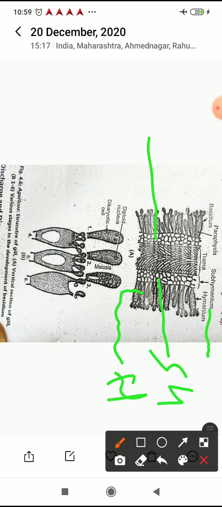And they bear sterile hair-like structures called paraphyses. So in between fertile basidia, sterile paraphyses are also observed.